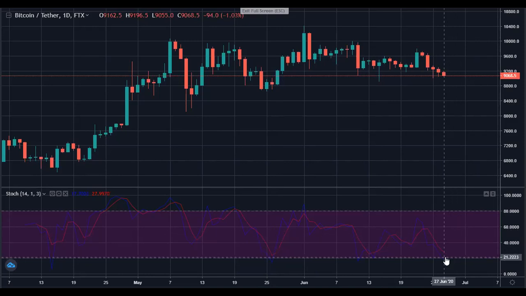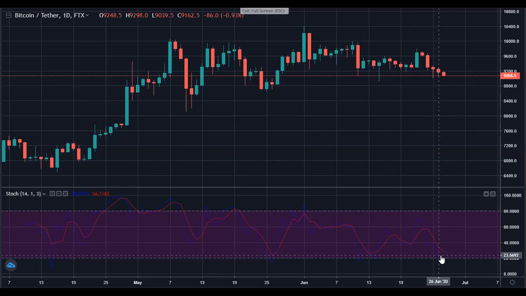So the ideal thing to do when you are margin trading or trading futures is to long at the oversold region. By long, I mean you buy. You buy at the oversold region and then you short at the overbought region. This is for people who are trading futures.